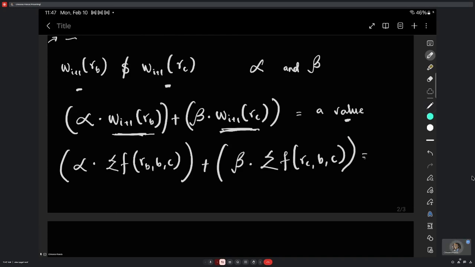And anything we get here, these two values should be the same. Does it make sense?